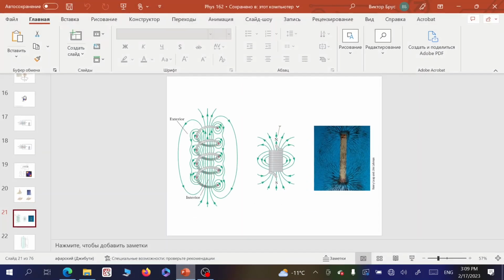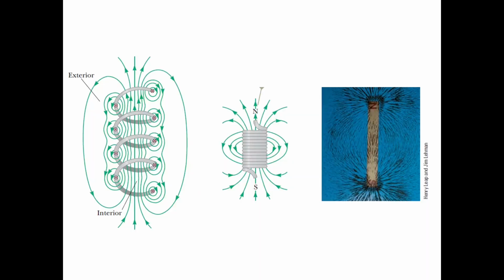So let me show you some slides. What is a solenoid? As I mentioned, it's a system of multiple coils of wire with electrical current.